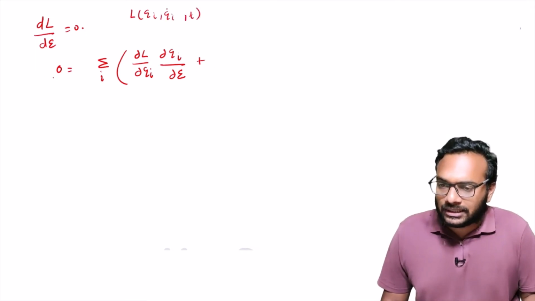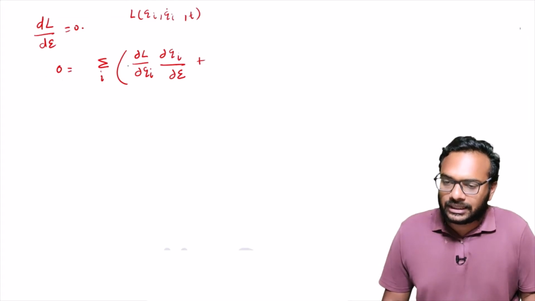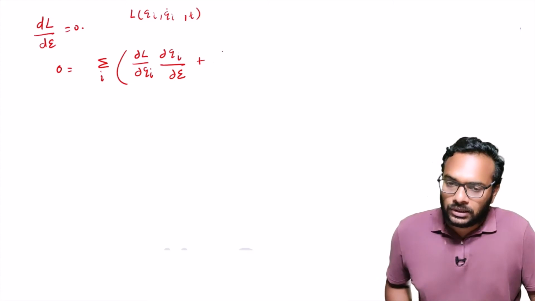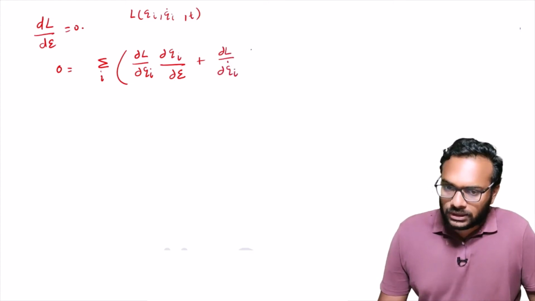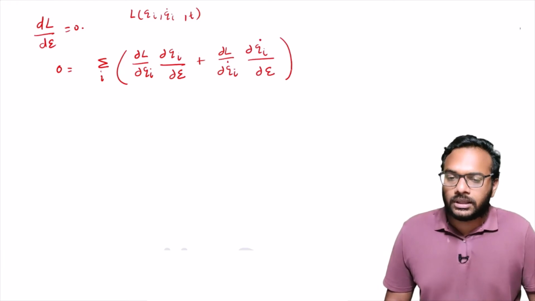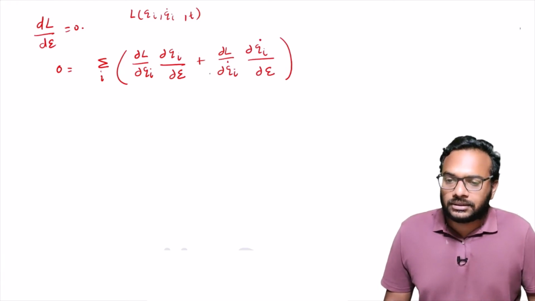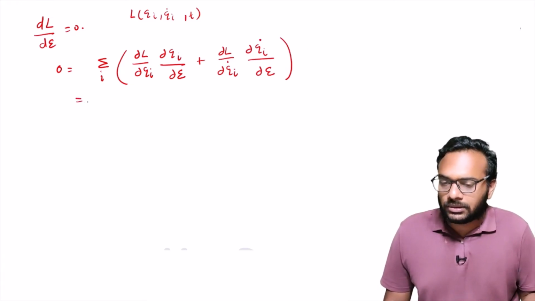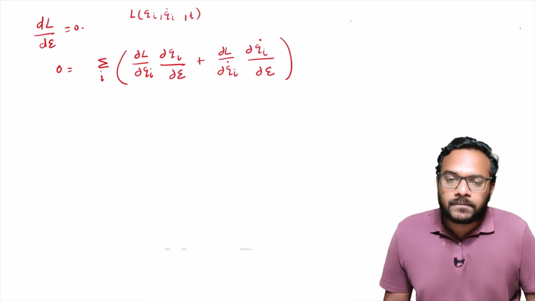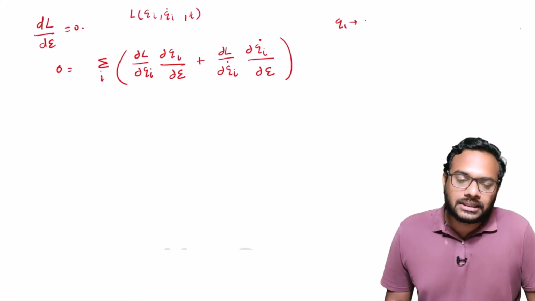So we are demanding that the first order change is 0. That's why I write 0 here. So ∂L/∂qi times ∂qi/∂ε plus ∂L/∂qi dot times ∂qi dot/∂ε. We are demanding that this is equal to 0. Now what's your new Lagrangian? Your new Lagrangian corresponds to the coordinate change qi going to qi plus epsilon ki.